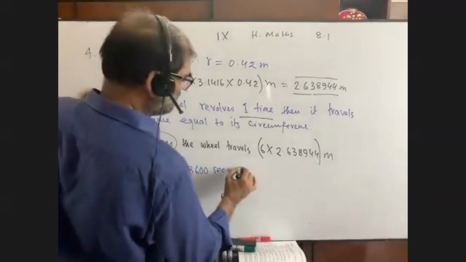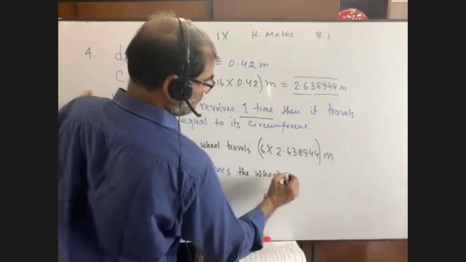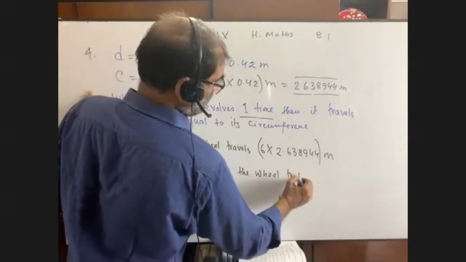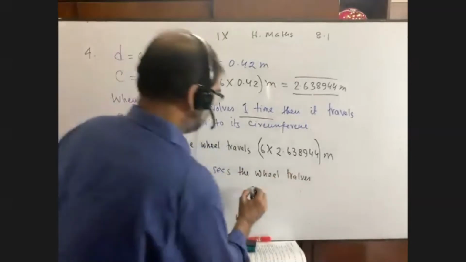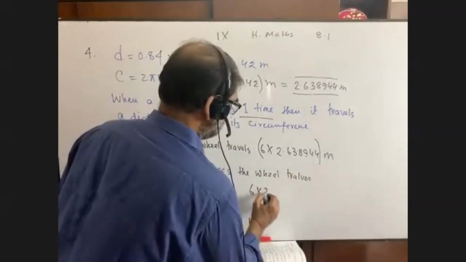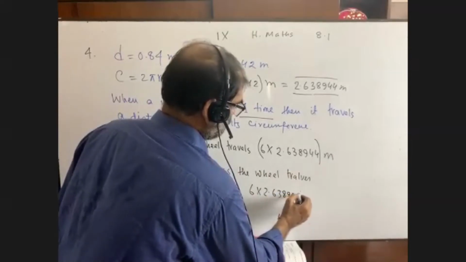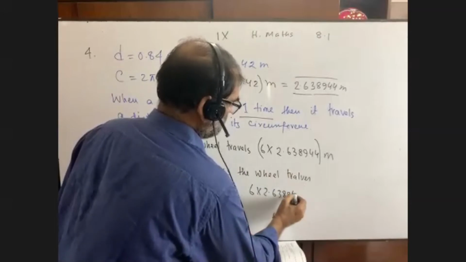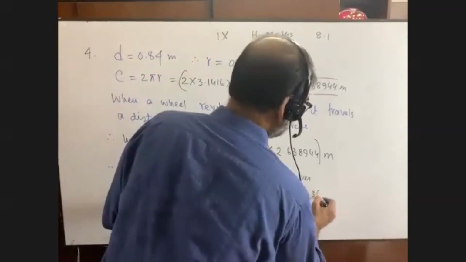The wheel travels 6 into 2.638944 into 3600 meter.